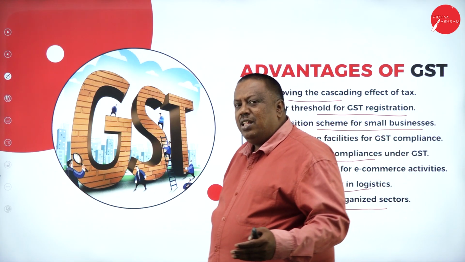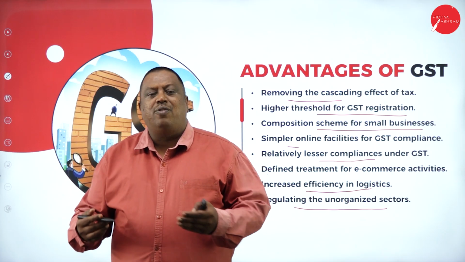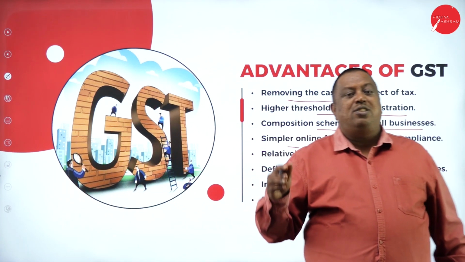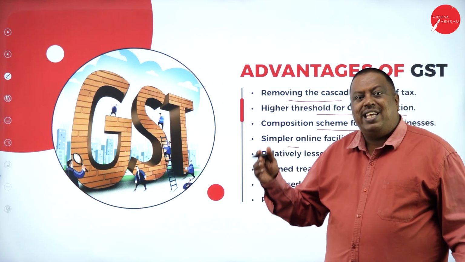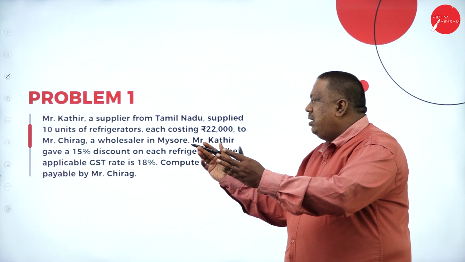The government is also benefiting by collecting funds in the form of taxes, which can be used for the proper purpose, for the benefit and economic growth of the nation. Let us take one problem here.